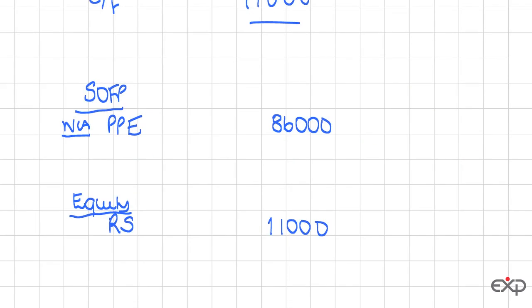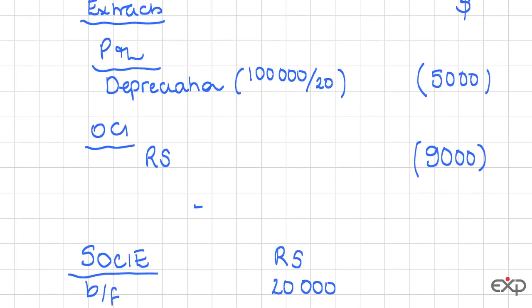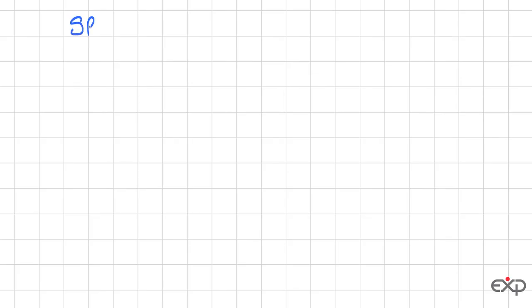Well, again, I'm going to be looking at basically my statement of profit or loss, which is going to give me depreciation, and then under other comprehensive income, I'm going to have my revaluation surplus.